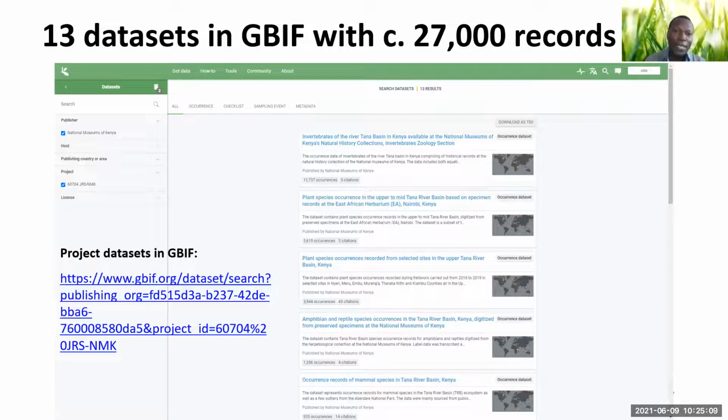Ours is just a project, only started when JRS funded us, but GBIF is going to be there probably much longer, and it's better funded, so we can have this data sitting somewhere else and still be visible through our project and be used in other ways. So this data is now publicly accessible, and you can access it if you search our project. And they comprise about 27,000 records.